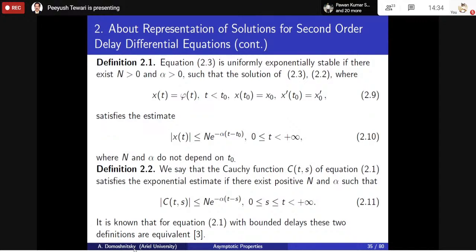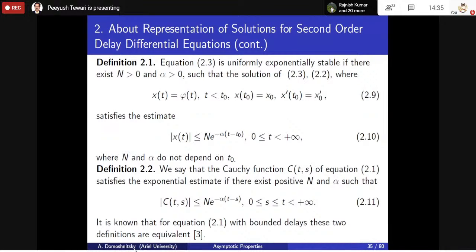From the theory of algebra, it is known that for equations with bounded delays, these two facts are equivalent: uniform exponential stability and the exponential estimate of the Cauchy function. We have to obtain this estimate.